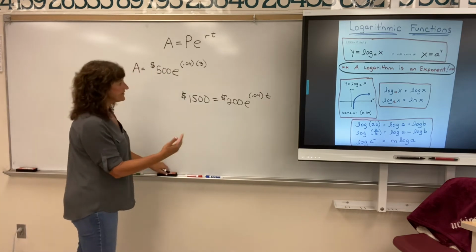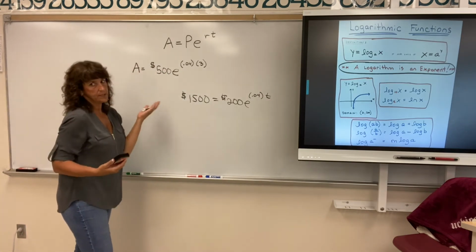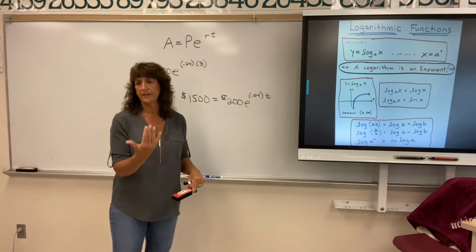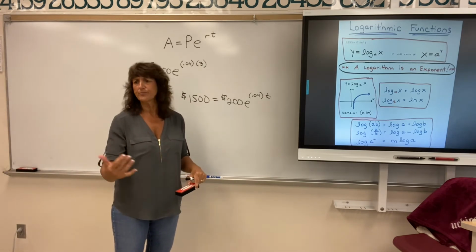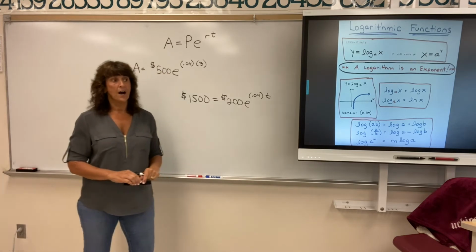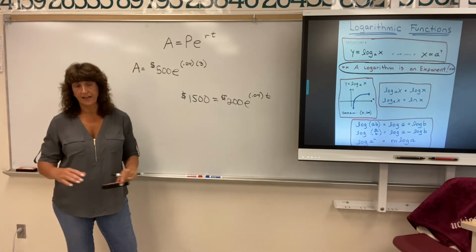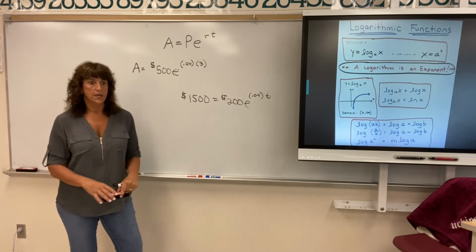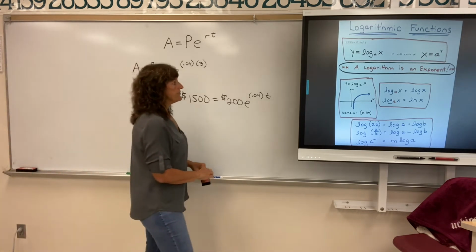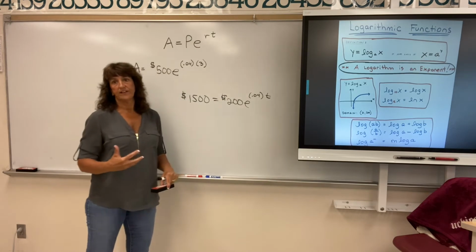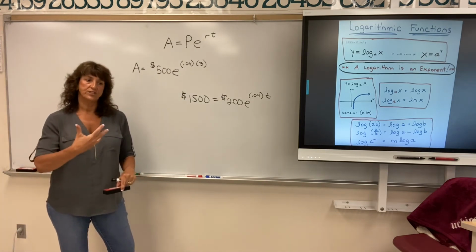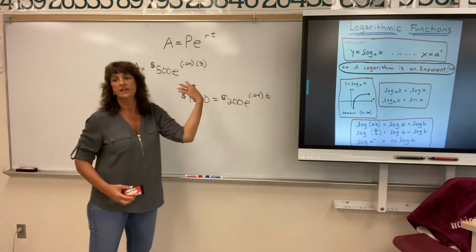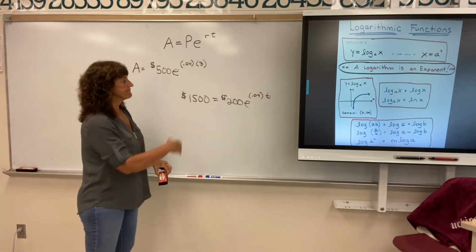I'm just using money in the bank right now, but anytime you're dealing with exponential growth or exponential decay, such as population growth, whether it's people, animals, bacteria, or viruses, you can use logarithmic functions to figure out the time and the rate, because those are the variables in the exponent.